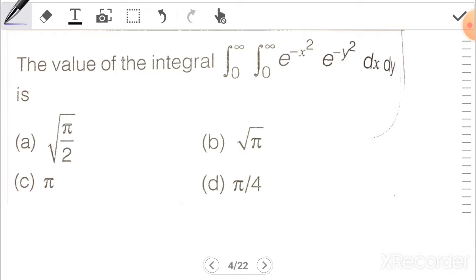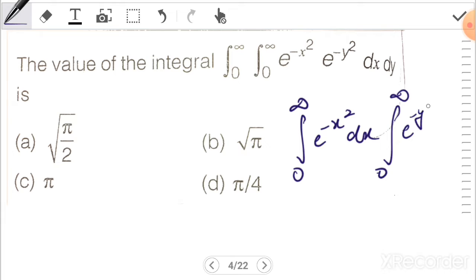Let us first evaluate. Since the limits are constant, this can be written as the integral 0 to infinity e power minus x square dx times the integral 0 to infinity e power minus y square dy, right?